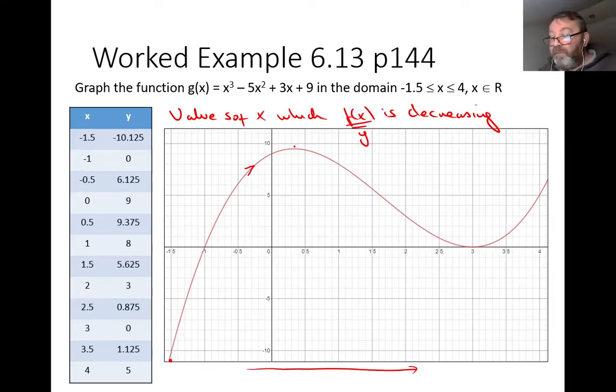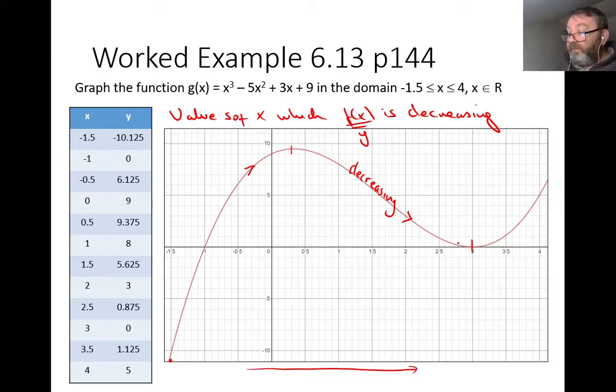Now, from the turning point, which is roughly there, all the way down to here, that's where I am decreasing, because I'm sliding downwards. I'm dropping down, see that? As I go from the turning point down to here, my values of y are decreasing.